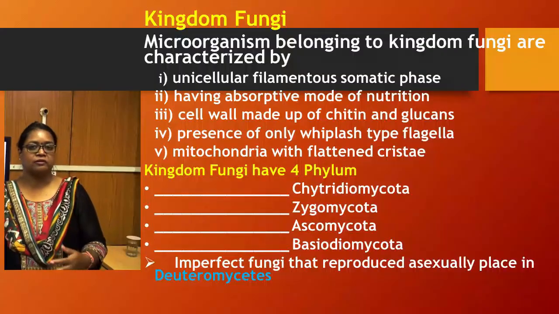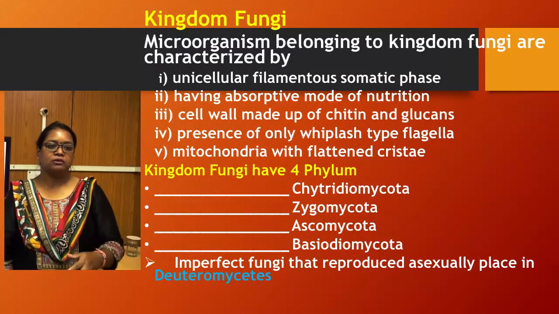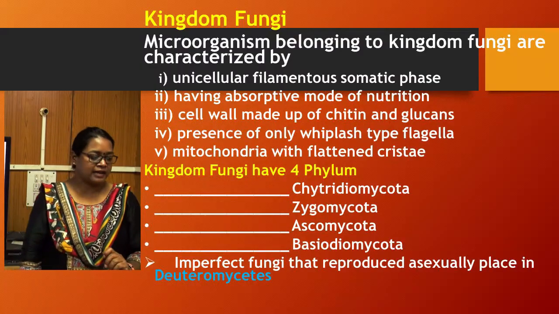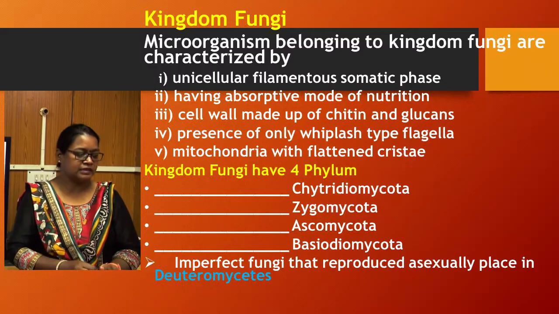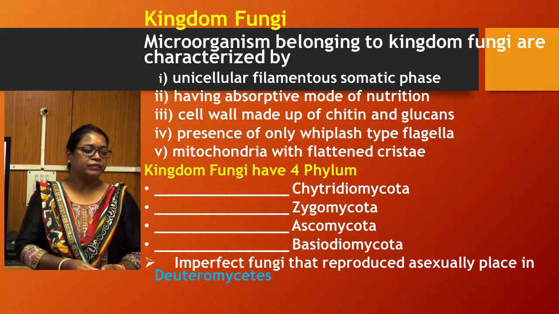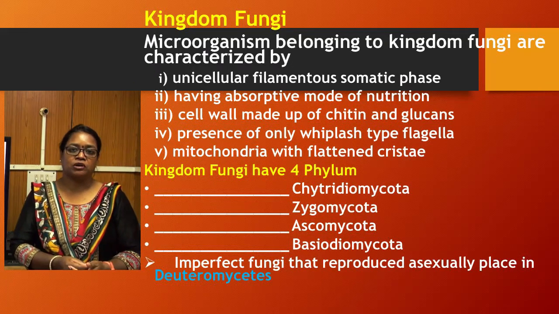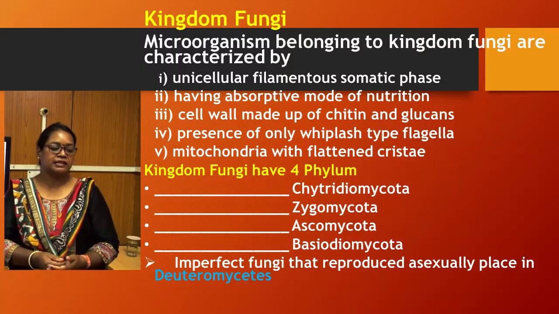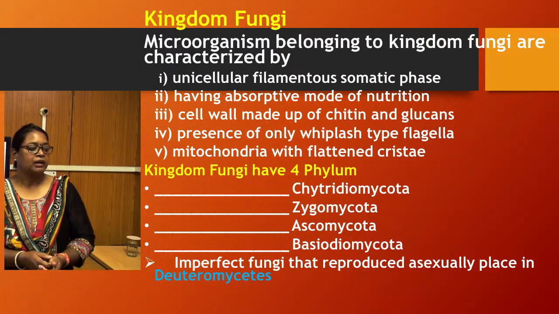Now coming to kingdom Fungi, the microorganisms which belong to kingdom Fungi are characterized by, first characteristic, unicellular or filamentous somatic structure or vegetative structure. They have absorptive mode of nutrition. Their cell wall is made up of chitin and glucans.